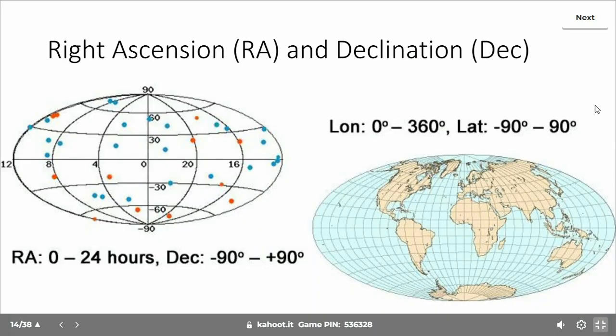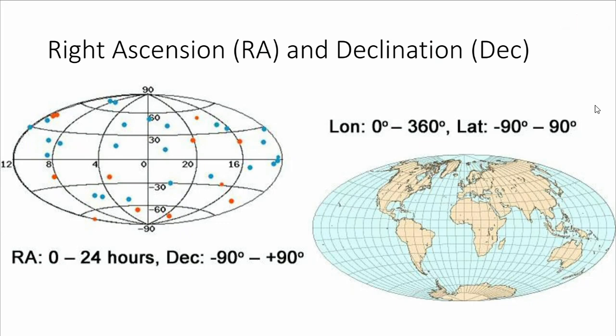So just like the longitude and latitude lines on the Earth, these right ascension and declination coordinates have angles associated with them. So the declination maps closely to the latitude lines, so it goes from -90 to +90.